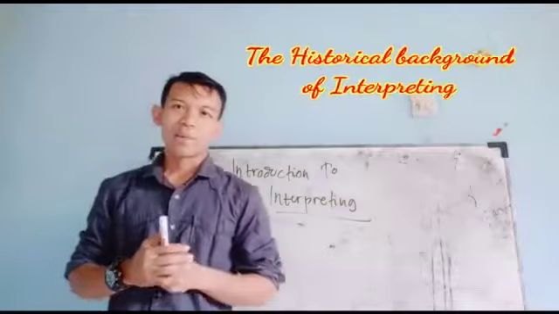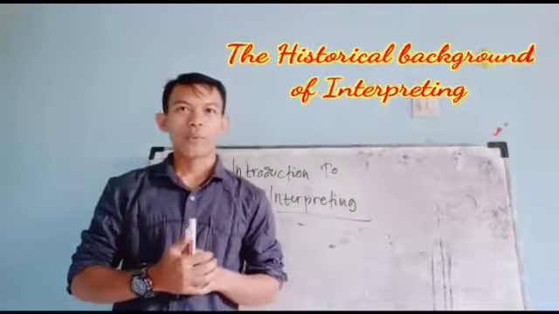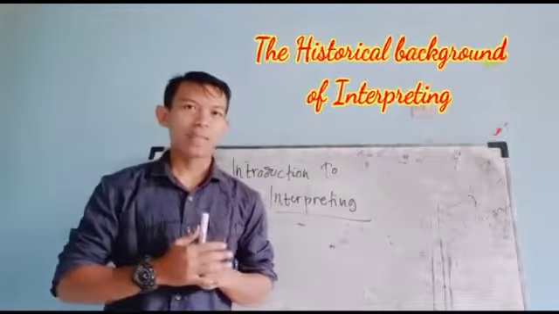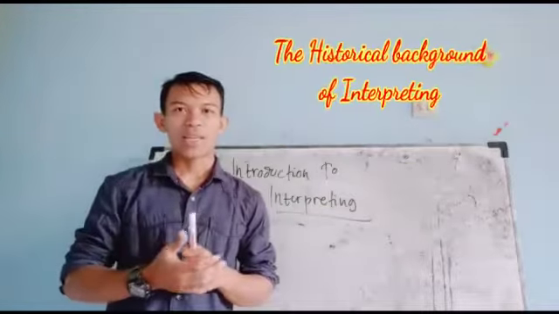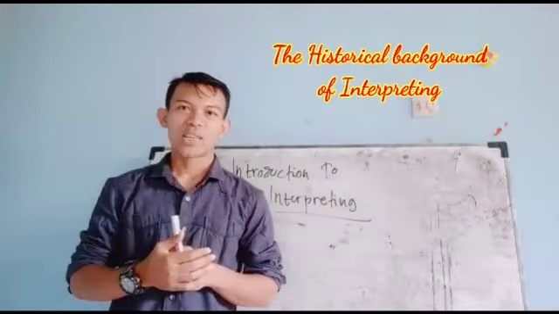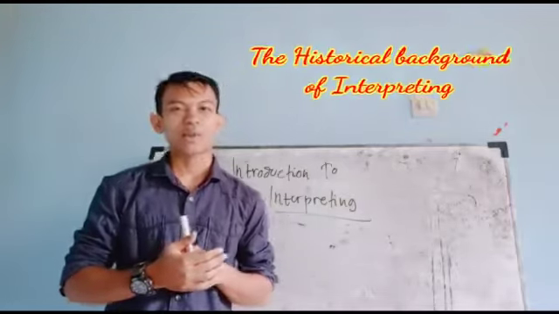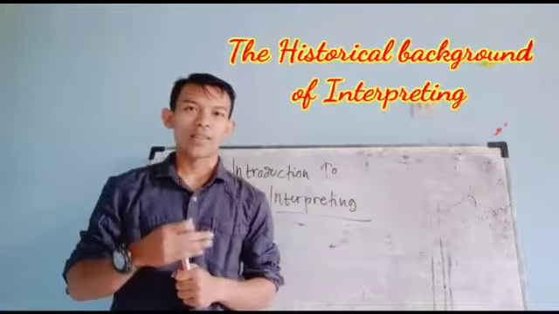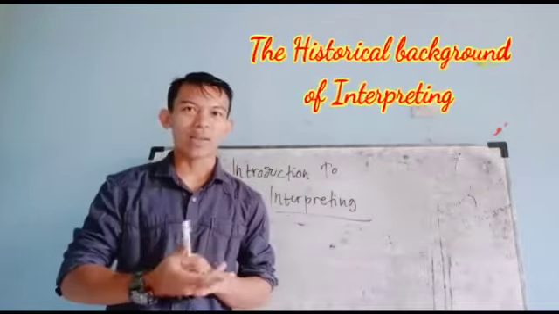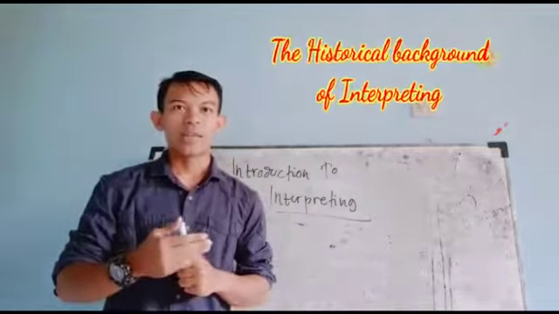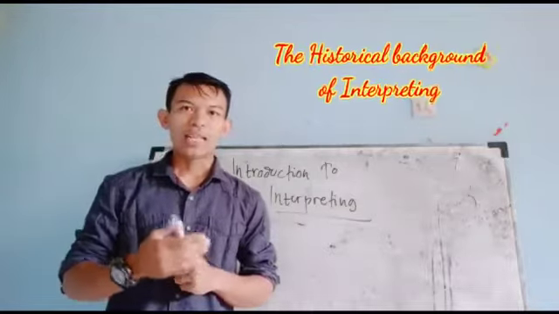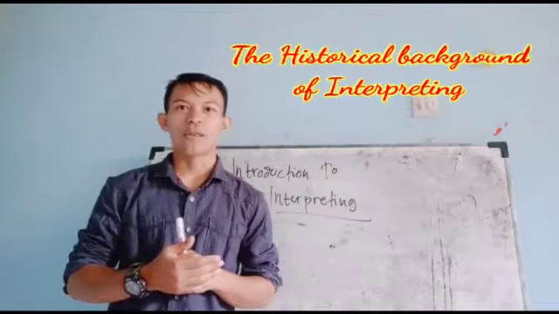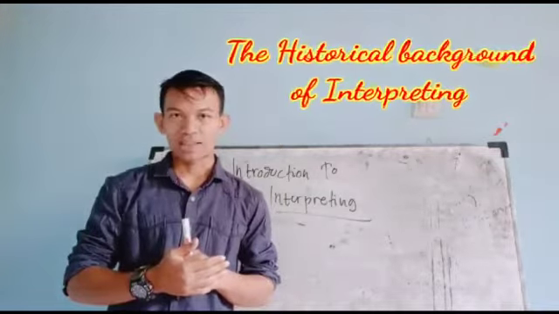Next, historical background. The first written proof of interpreting dates back to 3000 BC, at which time the ancient Egyptians had a hieroglyph signifying interpreter. The next widely known use of interpreting occurred in ancient Greece and Rome. For both the ancient Greeks and Romans, learning the language of the people that they conquered was considered very undignified.